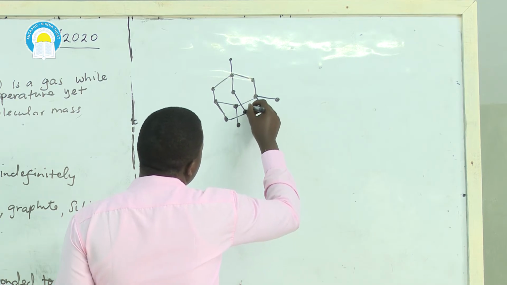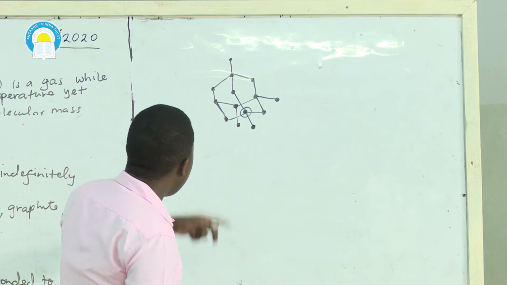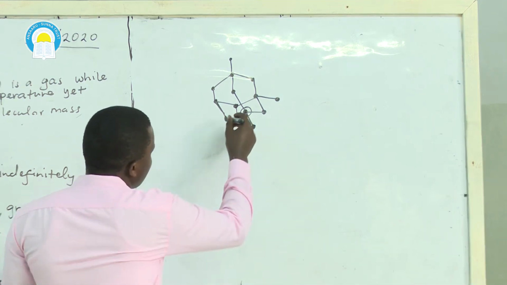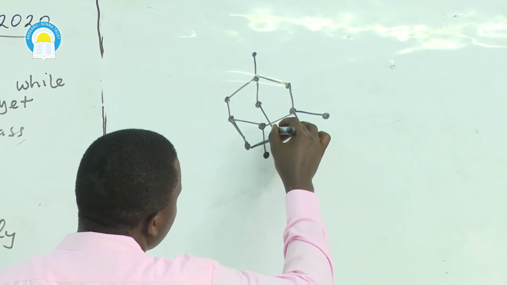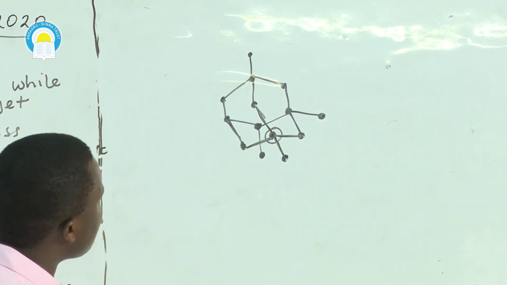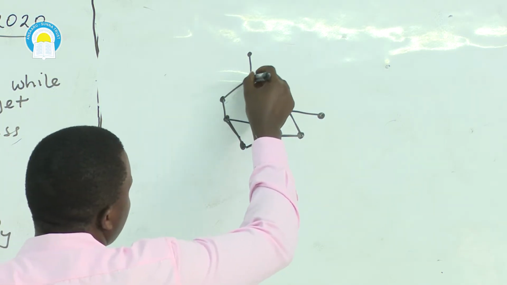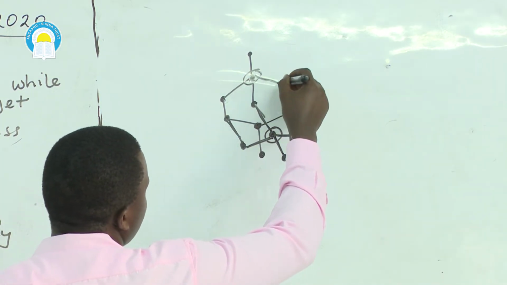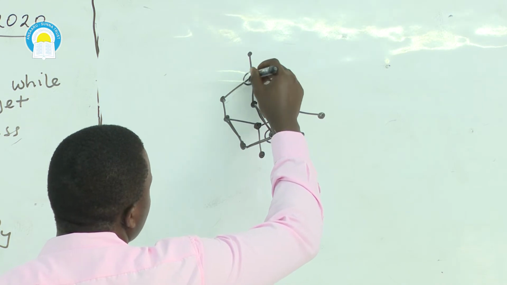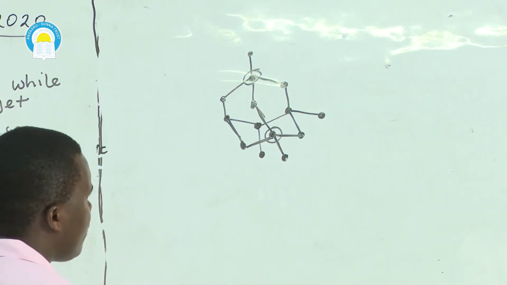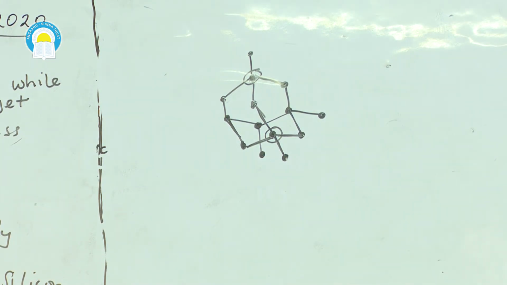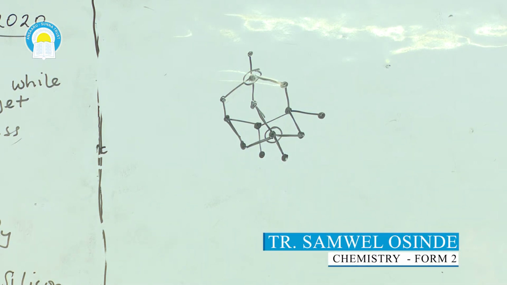For example, if we take this carbon, you'll find it is bonded to 1, 2, 3, then 4. So that is how the bonding takes place. When you take, for example, this carbon, it is bonded to 1, 2, then 3, and 4. So all of them, that is now the example of how the octahedral structure will be formed.